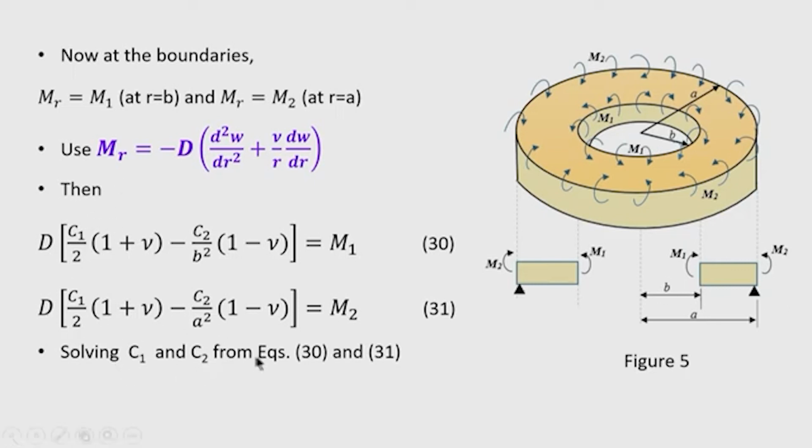Solving C 1 and C 2 from equations 30 and 31, that can be solved because this is a linear equation in C 1 and C 2. So, it can be solved by Cramer's rule or by any method you apply from algebra, you can get the value of C 1 and C 2. Okay.